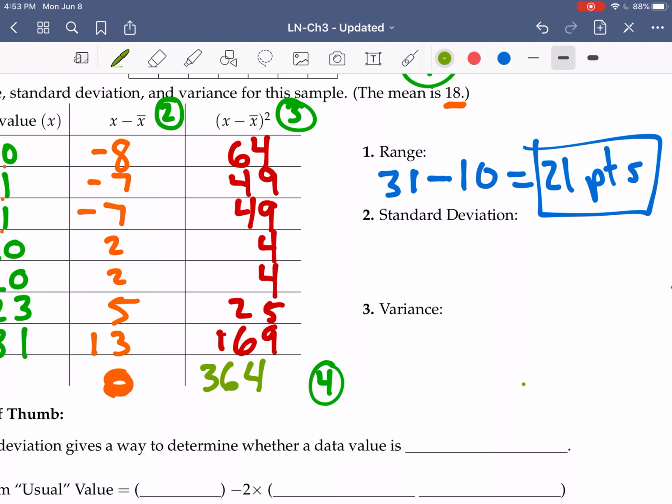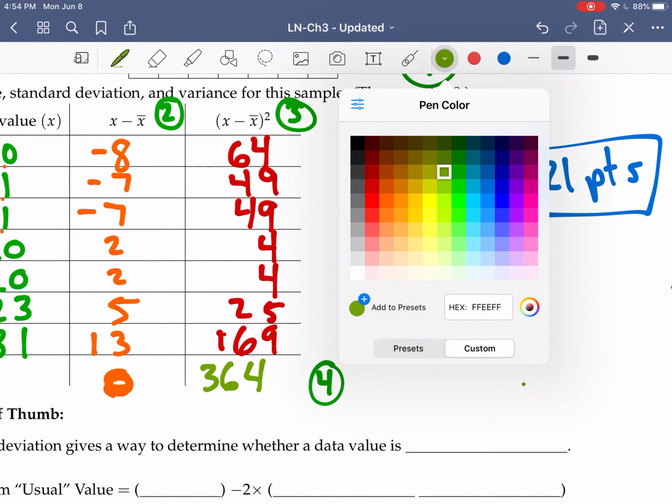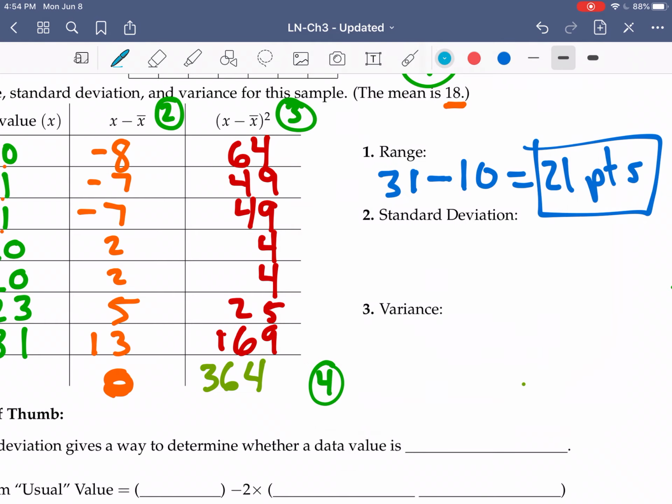Step 5 in the process, once we have that 364, we are going to take that data value and divide it by 1 less than the number in our sample. Our sample happens to have 7 in it, so we are going to divide 364 by 6.